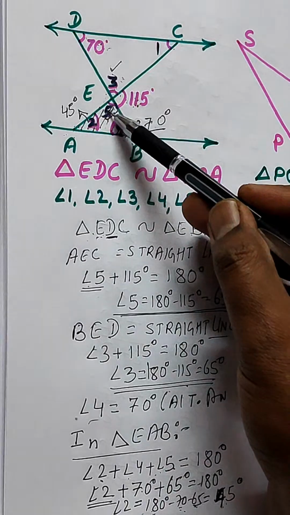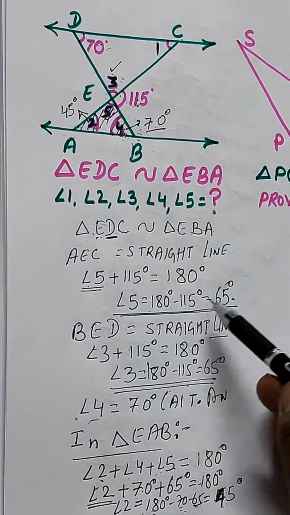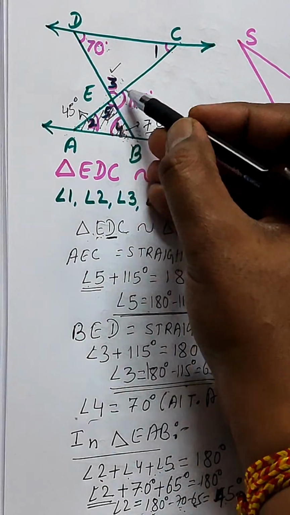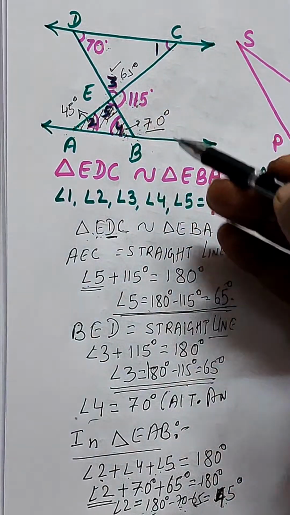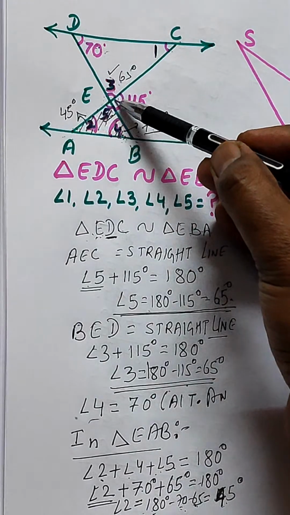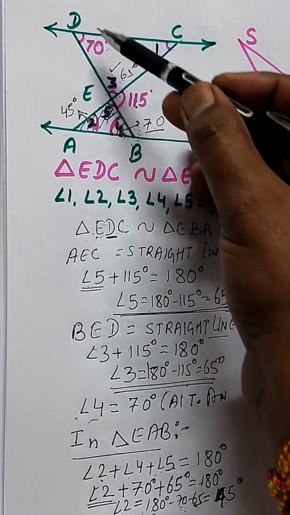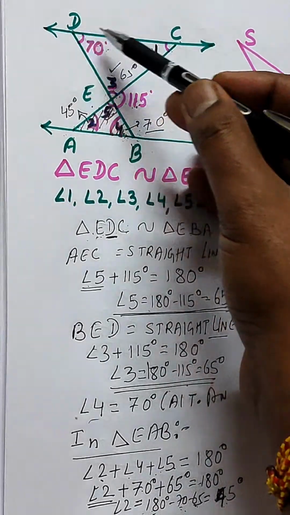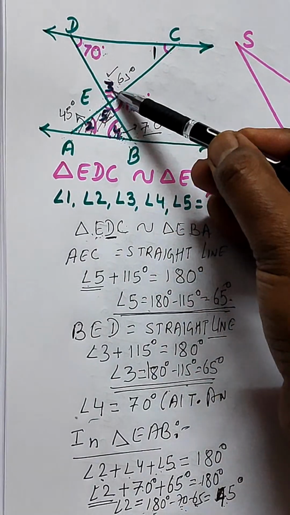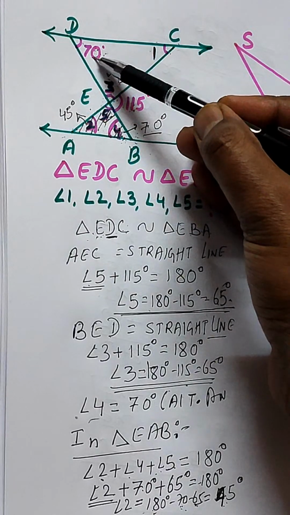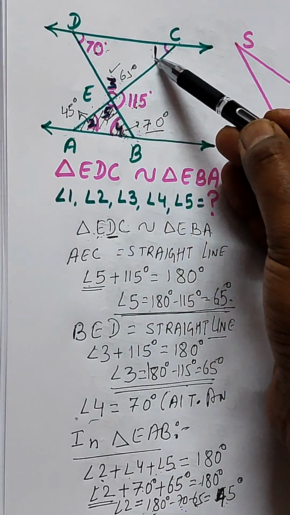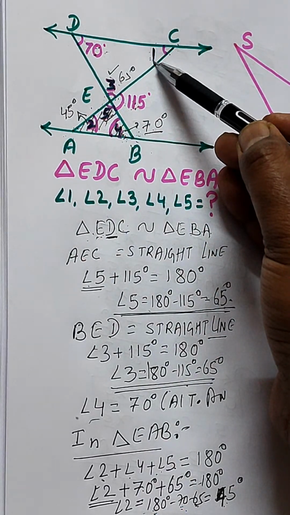We have the value of angle 5, which we have calculated as 65 degree, which is equal to angle 3, which is 65 degree. So in triangle EDC, if angle 3 is known to you, this angle 70 is known to you, are you not able to calculate this angle, right?